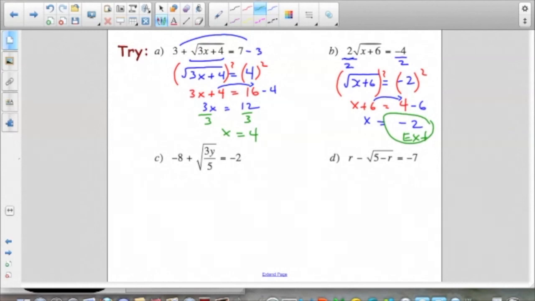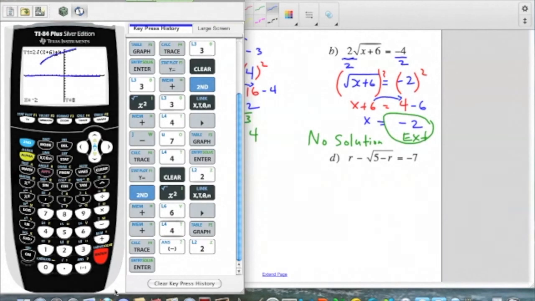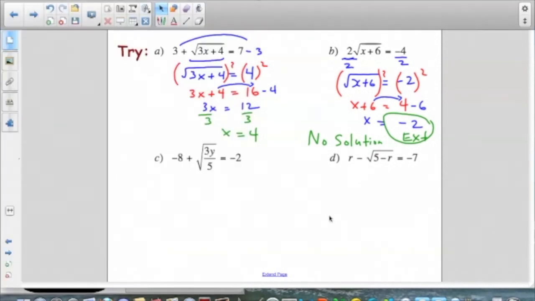So you must say in the answer box, it's a no solution. Because if you go back to your graph and just have a look at your graph, remember we're looking for where this graph right here crosses the 0 line, which is the x-intercept. There is nowhere. It doesn't cross. So that's how we know that there's no solution.